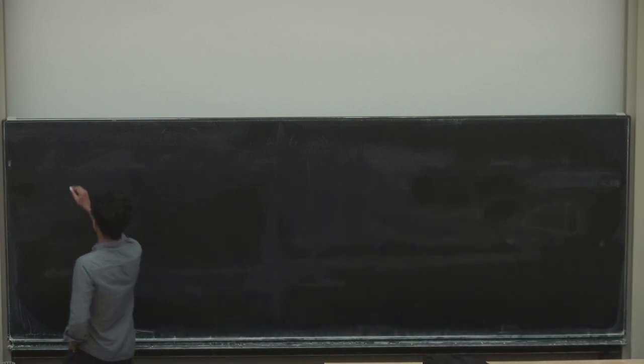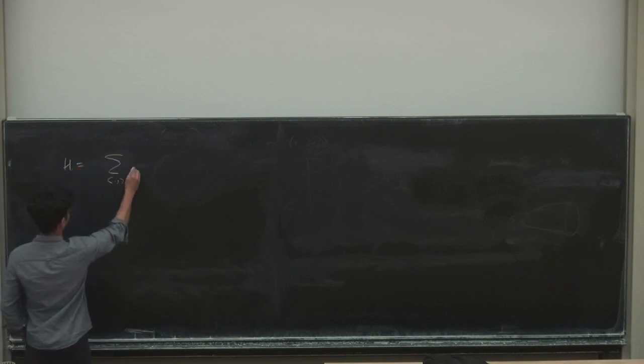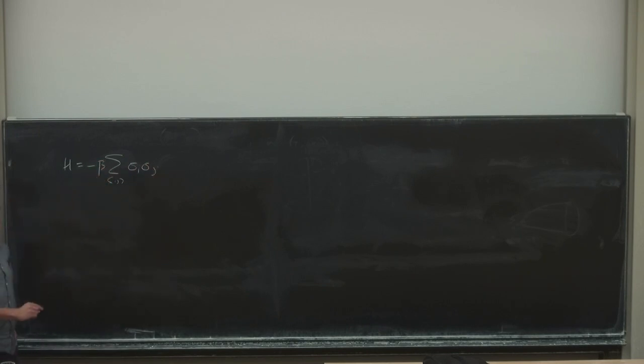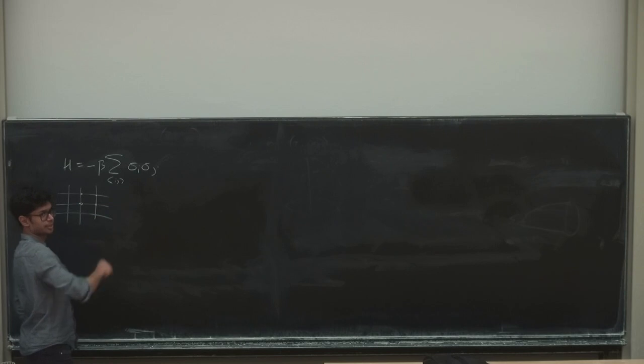So the 2D Ising model has the following Hamiltonian. We wrote this briefly on the board. It looks like this, where you have a bunch of spins on a lattice. Okay, so on the sites of the lattice, you have a bunch of spins that are plus or minus 1.